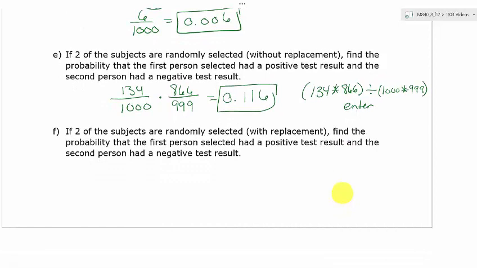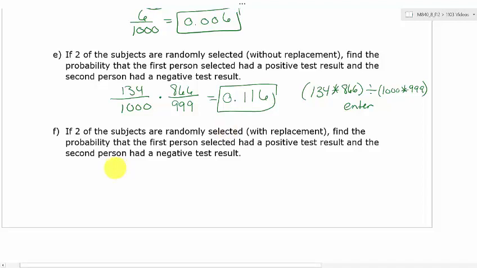In the last example, if two of the subjects are randomly selected, this time with replacement, find the probability that the first person selected had a positive test result and the second person had a negative test result. So this is the same as the problem above, it's just that now we're replacing that person.